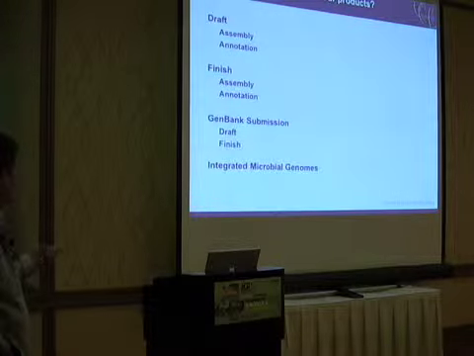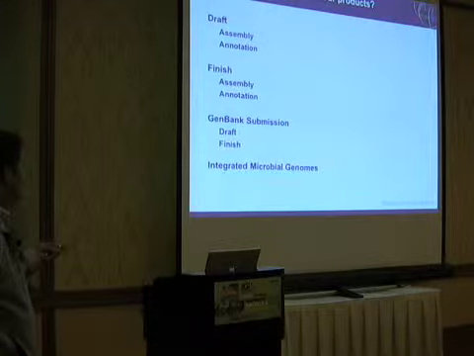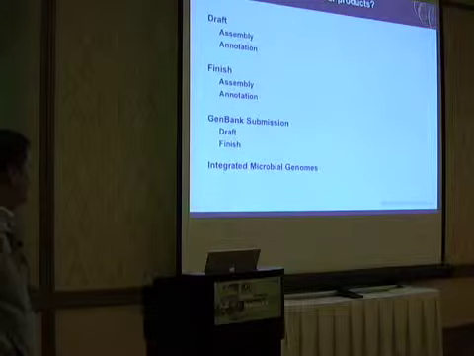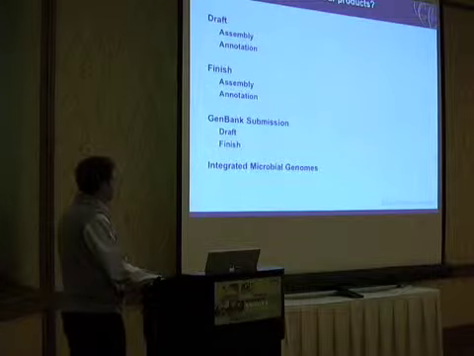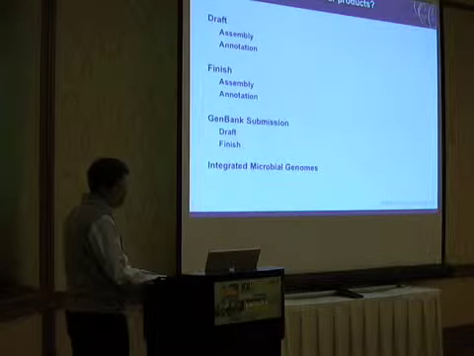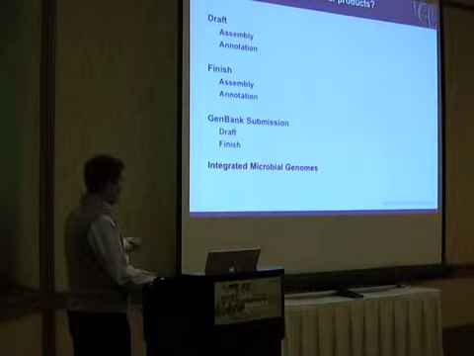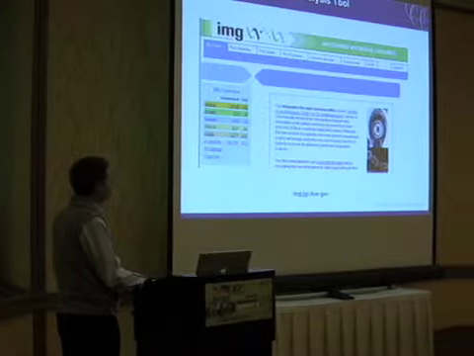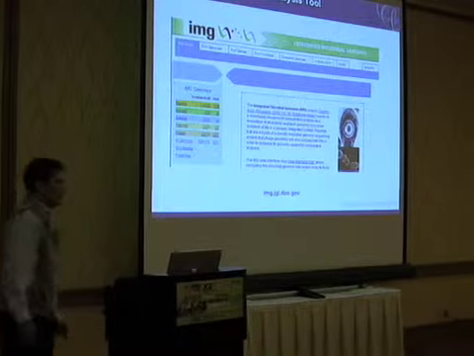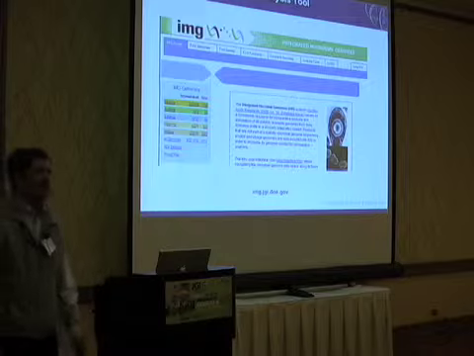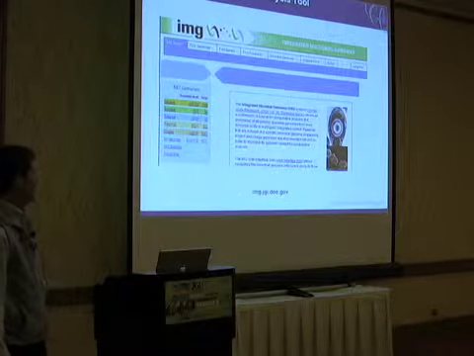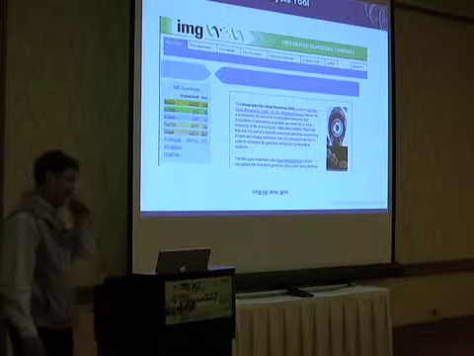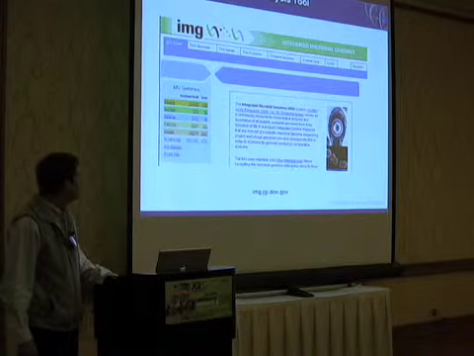We do GenBank submissions on both the draft data and the finished data, and at that point you can use the IMG tool. I might mention that there's a workshop next door right now on the IMG tool, and I encourage you to take a look at the IMG tool through the JGI website.